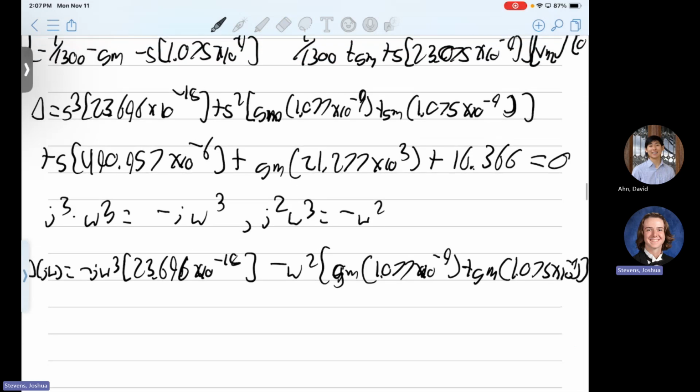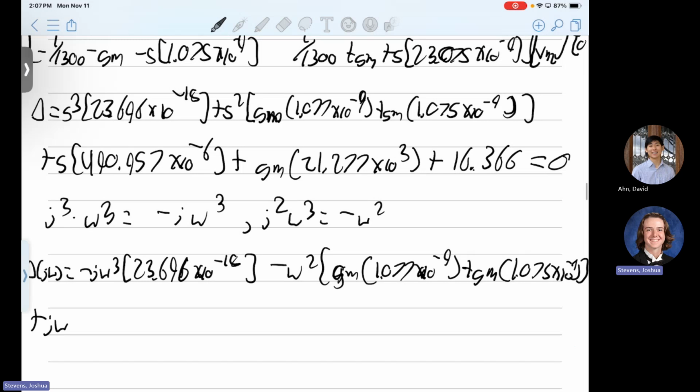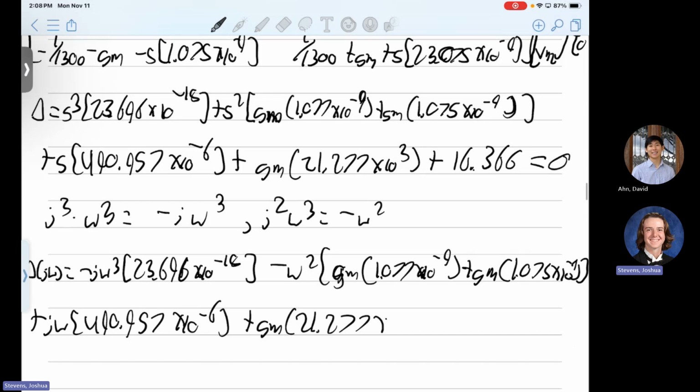And this just becomes plus j omega 490.957 times 10 to the negative 6th plus GM times 21.277 times 10 to the 3rd plus 16.366. And that is all set equal to 0. So we change their s's to j omegas and set it equal to 0.